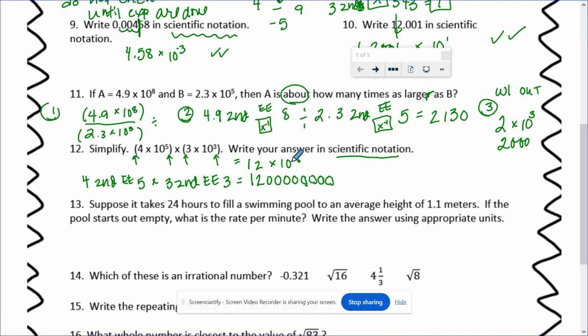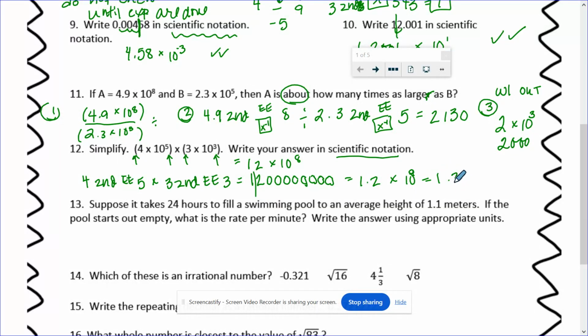That is not scientific notation. Scientific notation only has one number in front of it, which means our decimal has to be here between the 1 and the 2. So if I move it so that it's between the 1 and the 2, it's actually 1, 2, 3, 4, 5, 6, 7, 8, 9 places. So there's my final answer.